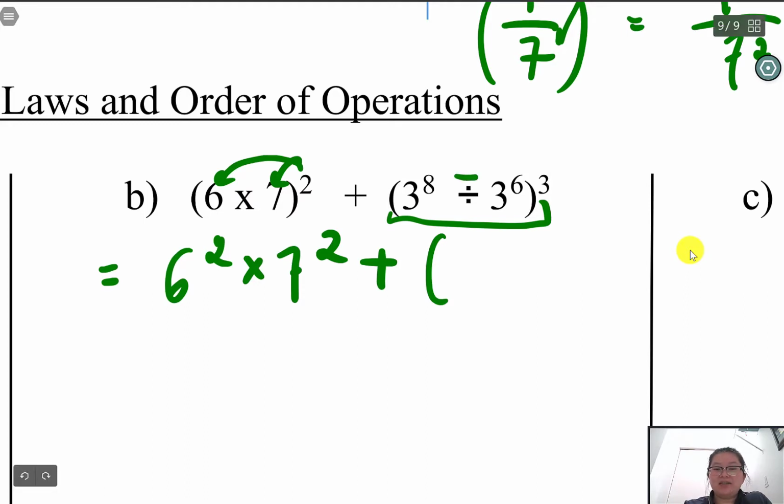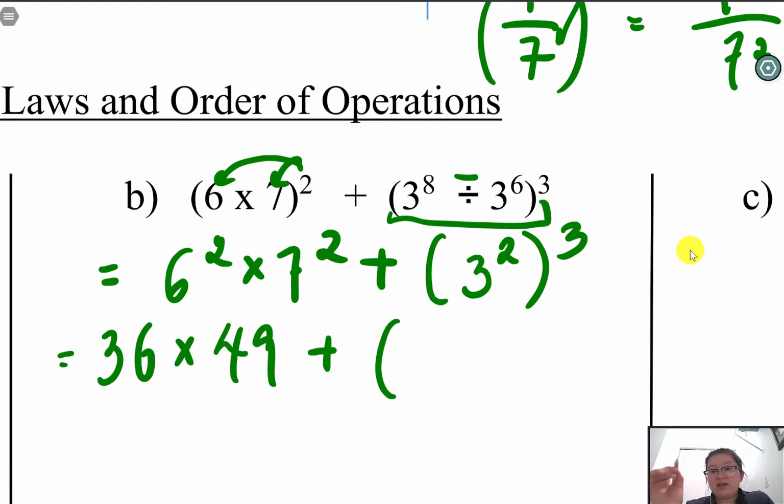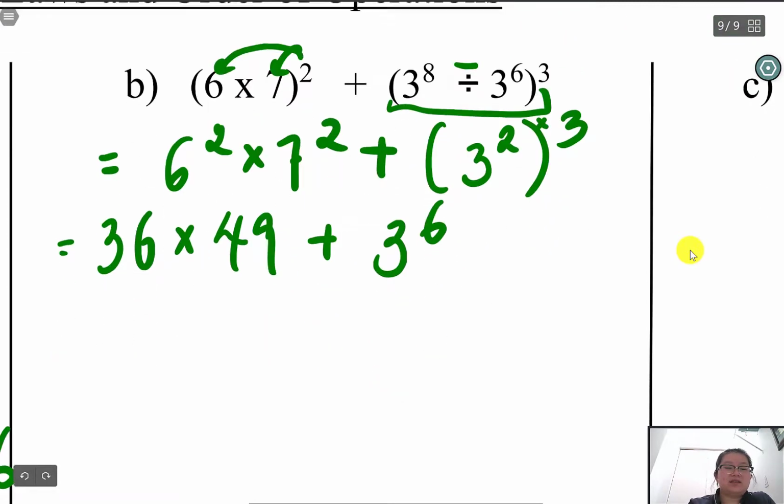So 8 minus 6, I get 3 to the power 2 raised to the power of 3. So let's actually simplify this a little bit. I get 6 to the power 2 is 36, 7 to the power 2 is 49. And then I add 3 to the power 2 raised to the power 3. 2 times 3 gives me 3 to the power of 6.